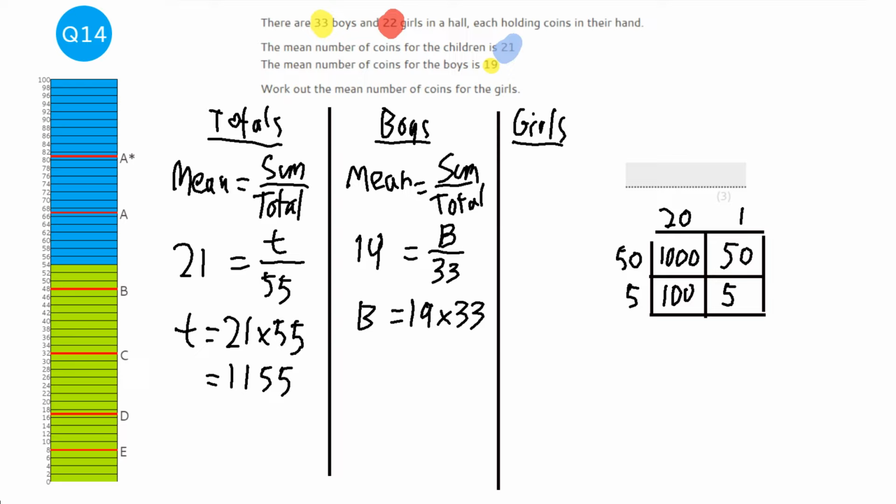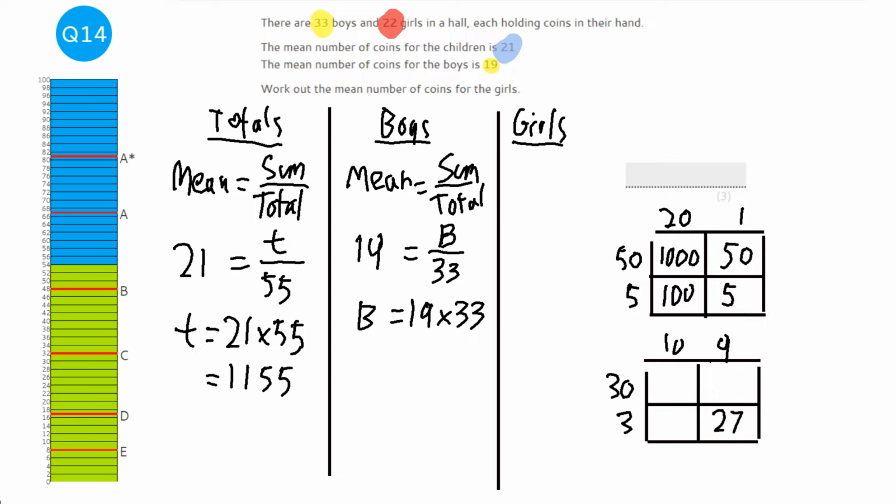So we can do another grid. Not as pretty as the first one. We've got 19 times 33. 3 times 9 is 27. 3 times 10 is 30. 30 times 9, so 3 times 9 is 27, plus another 0, and 30 times 10 is 300.